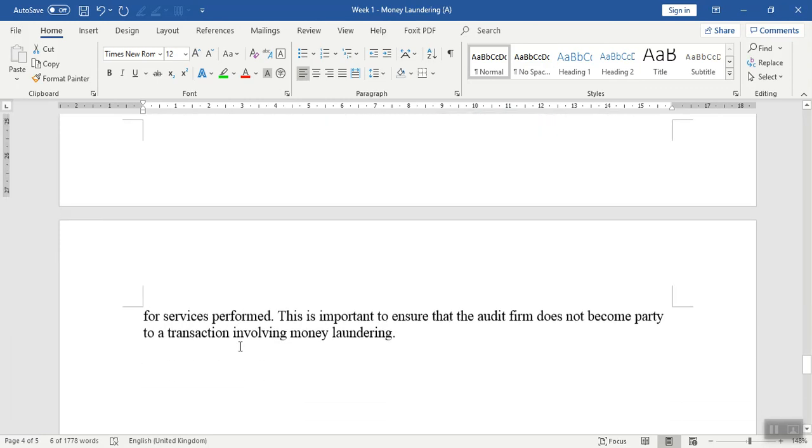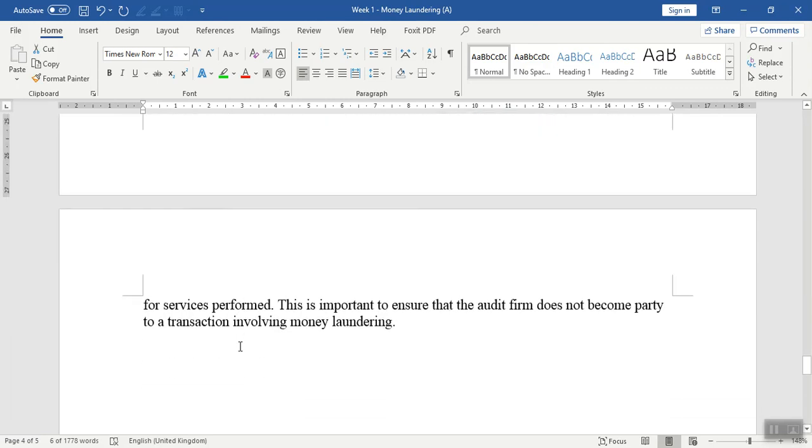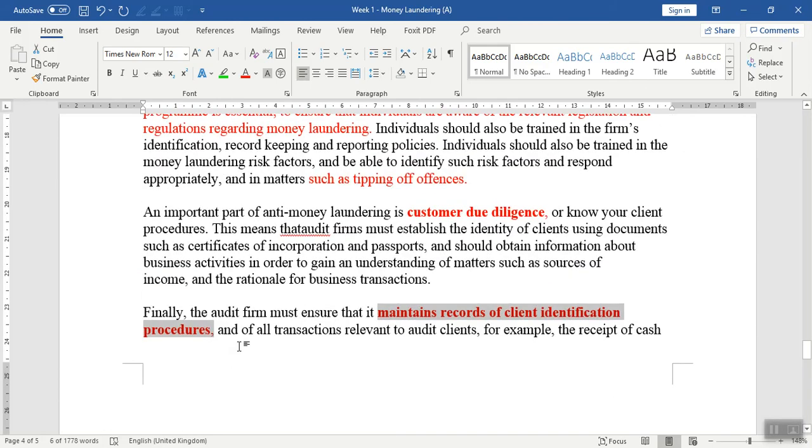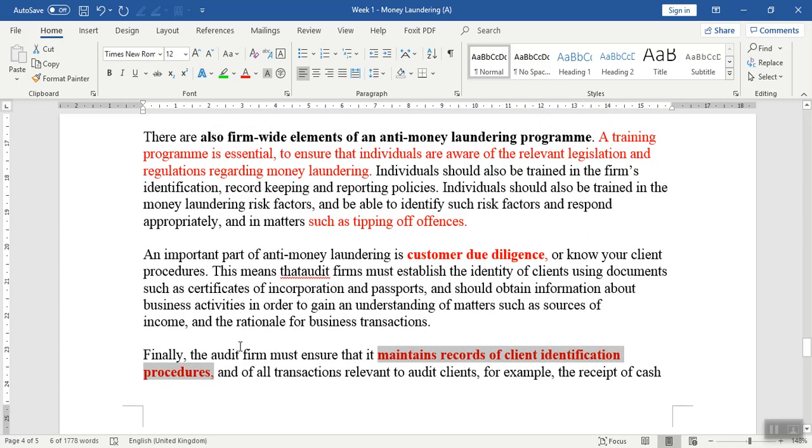So that's all for the answer. Can you see, money laundering cannot run away. Definition, examples of money laundering, three stages of money laundering, the policy and procedure, or the anti-money laundering program. So you need to be aware.